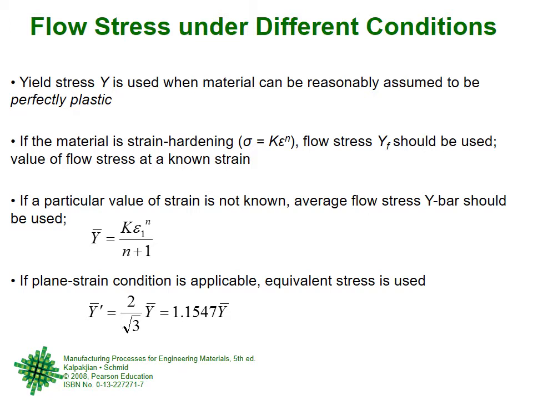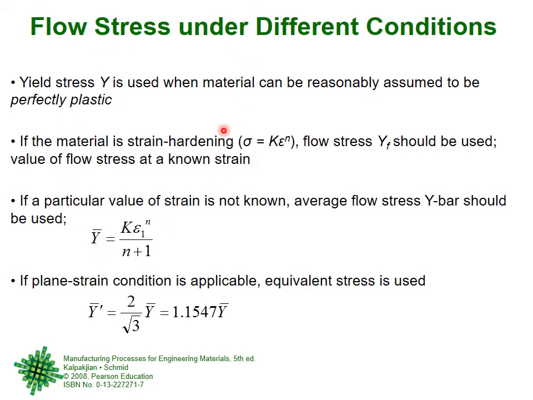So if there is a very unusual condition of perfectly plastic material, then in your equations use Y. If it is a routine standard material which is strain hardening, use YF. If you have to use an average flow stress, then use Y bar.